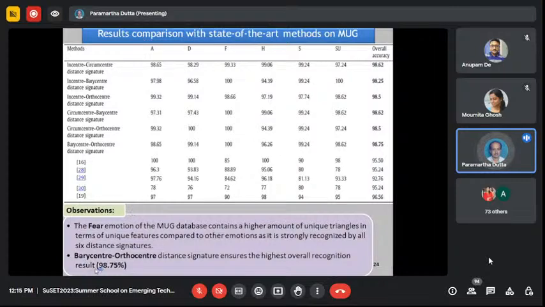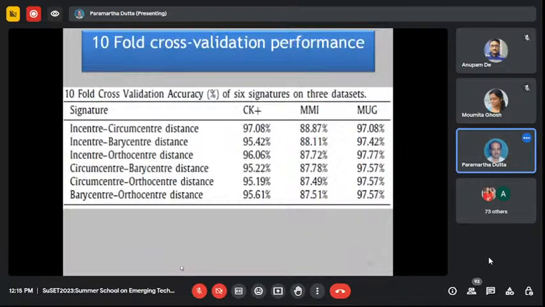Then the in-center, orthocenter distance signature ensures the highest overall recognition result, so far as our MLP classifier is concerned. There was a question: what is the result of tenfold cross validation? That is also reported here for CK plus, MMI, and MUG.